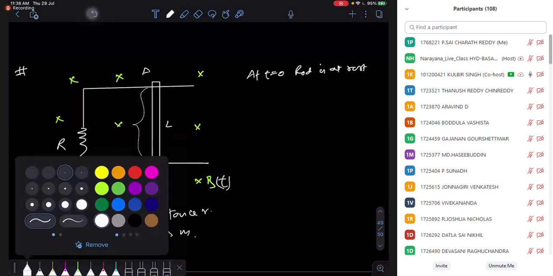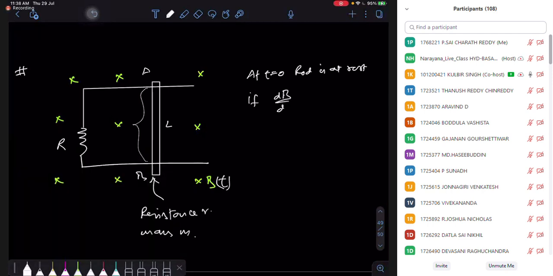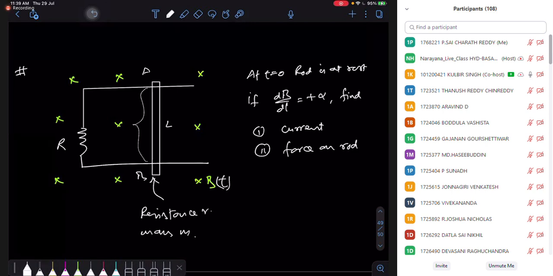If the magnetic field is increasing at the rate of alpha, find first the current, second the force on the rod, and third the velocity of the rod. Find the current, force, and velocity.